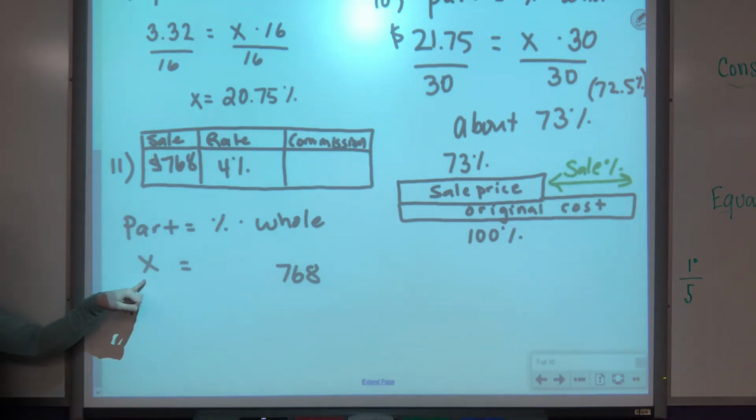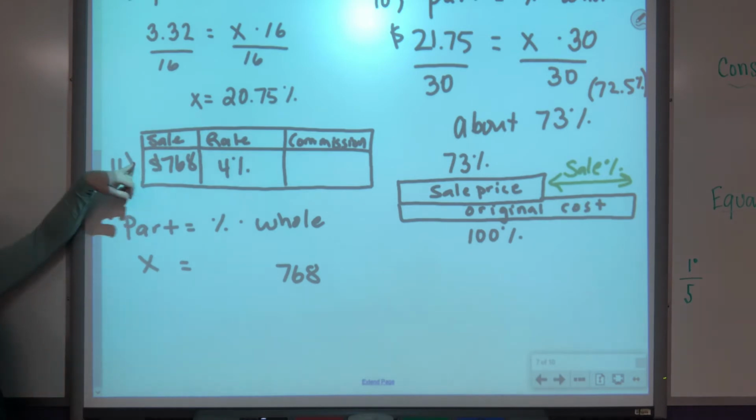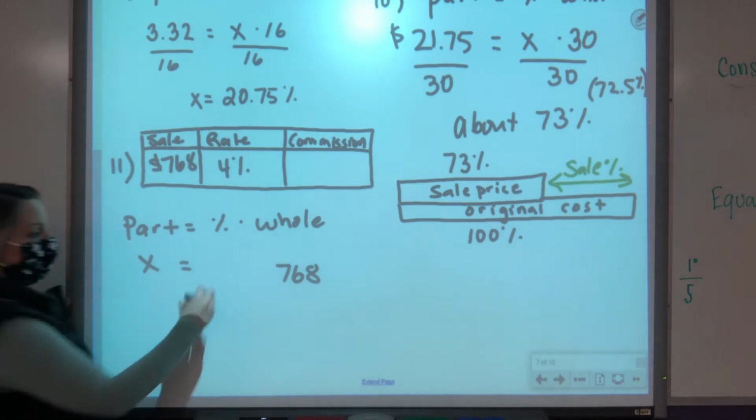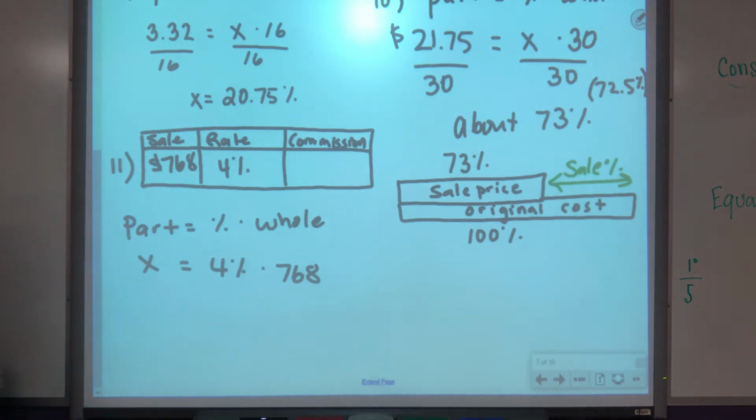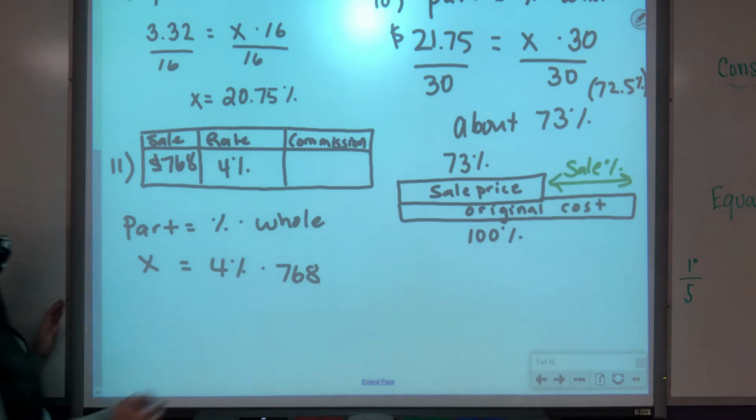We're looking for how much money we're going to get from selling this item at $768. And the percentage that we're going to get from selling that item is 4%. Can I multiply 4% times 768? Okay, what do I have to change 4% into? 0.04.